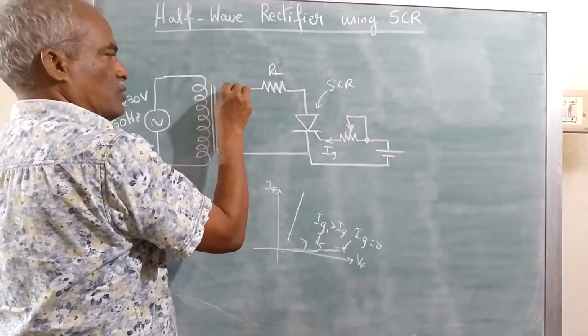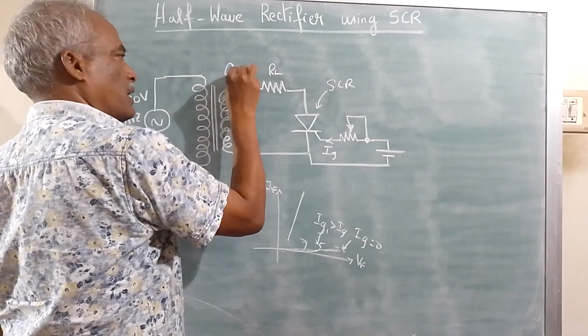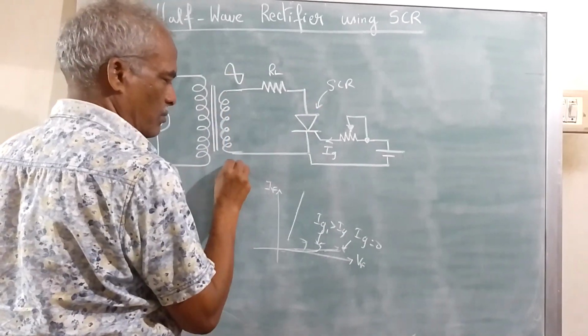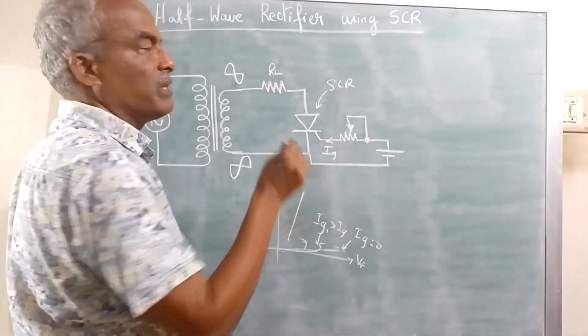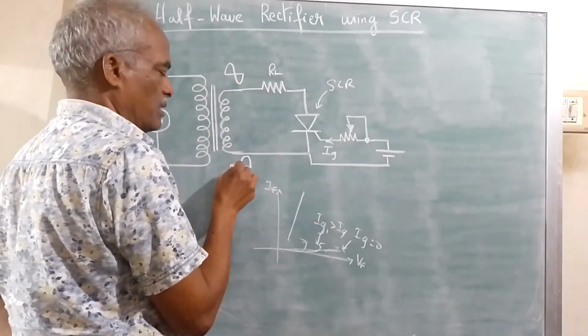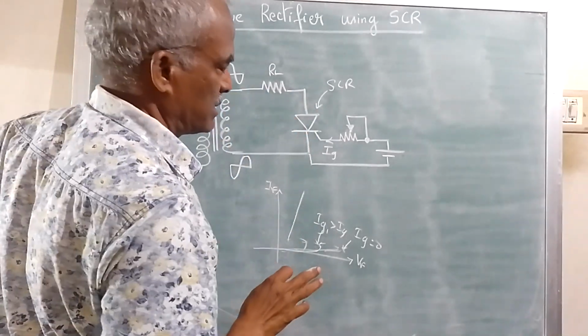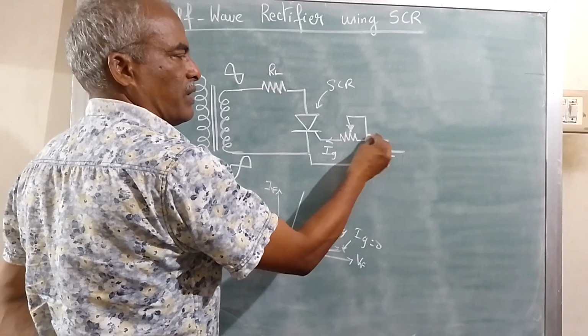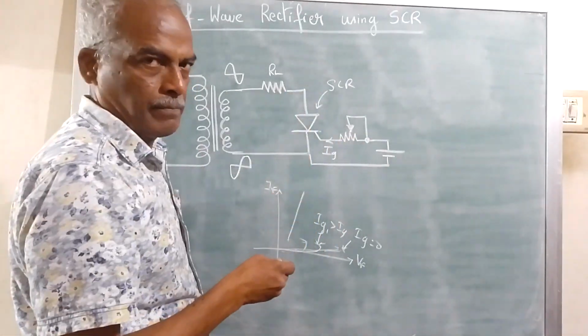So in this case, during the positive half cycle, in the transformer, when this end goes positive and negative, it keeps on alternating. The bottom end will go negative and positive. So assume that this end is positive and this end is negative. As such, SCR is forward biased, but if you give a gate current, the SCR starts conducting.